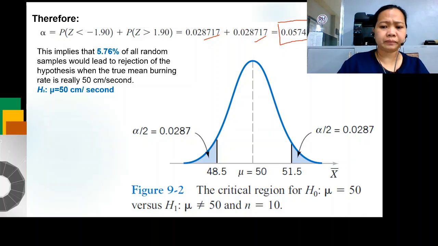So to get the critical region here, we take alpha divided by 2 here, and alpha divided by 2 here, because this area plus this area is equal to alpha, so that is why you have to divide by 2. Okay?